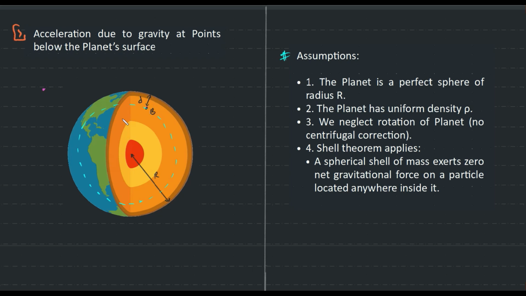Below will contribute, not above ones. So this region will not contribute any pull as per shell theorem, right?